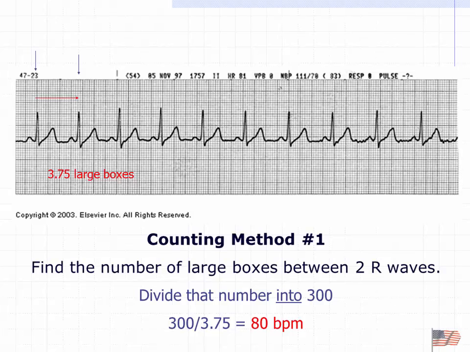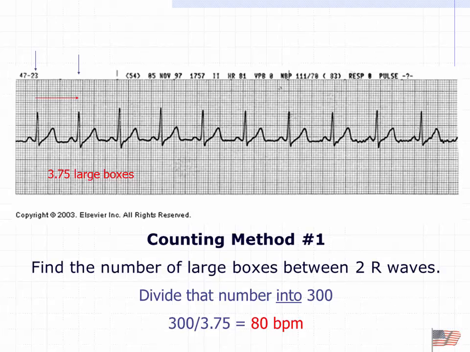Divide that into 300. Well, it's about 3, and almost another 3/4 of a large box going across. So I estimated it 3.75. 300 divided by 3.75 is about 80.